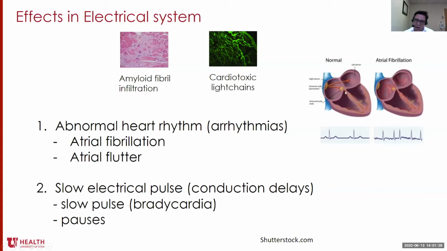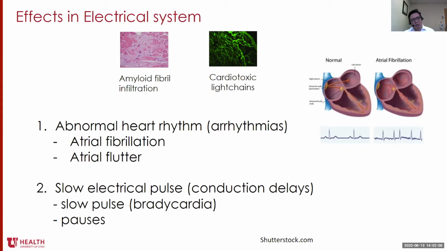If you have this area full of amyloidosis, there are going to be problems with the electrical impulses coming from the top to the bottom. We call that conduction delays, that's the medical term, but basically it means that the electrical impulses from the top are struggling to go to the bottom because they are facing these amyloidosis fibrils, and it can cause slow pulses.